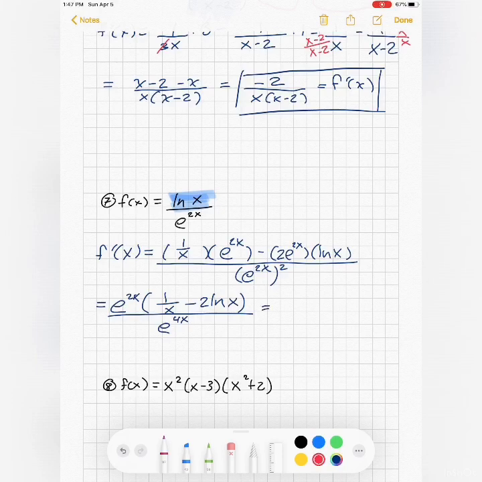So actually I can cancel. Let's see. So I'd have 1 over x minus 2 ln of x. And then what would that leave me with? An e to the 2x?